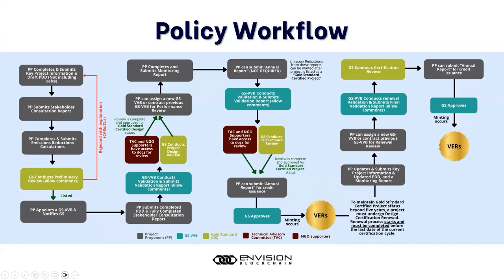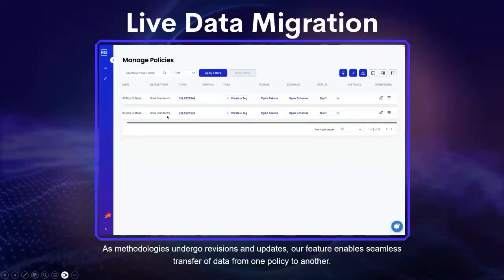So let's say that we get to the 5-year point and there's a new methodology out, a new version of it that's asking for a lot of the similar data, but maybe there's a few extra data points. Then that's when our live data migration makes a user's activities within the Guardian a lot easier.